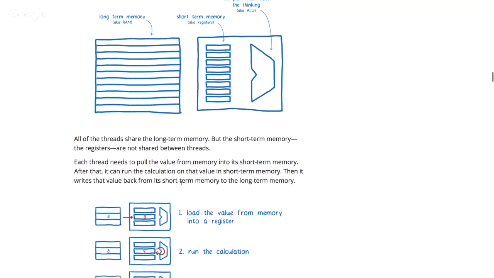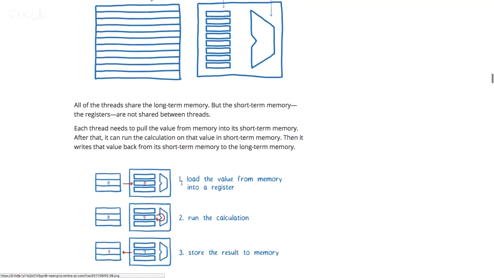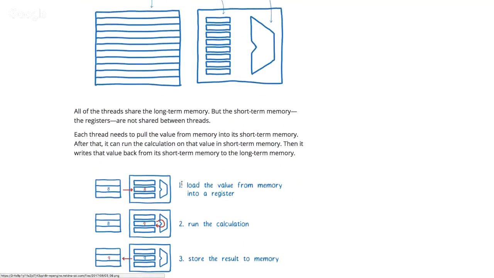Each thread needs to pull the value from memory into its short-term memory. After that, it can run the calculation on that value in short-term memory. Then it writes that value back from its short-term memory to long-term memory.